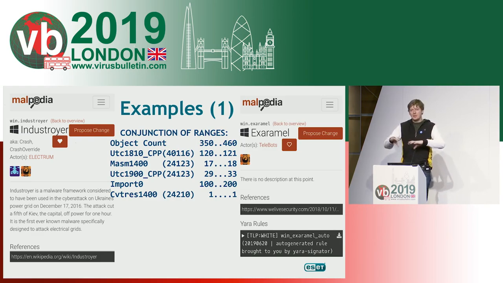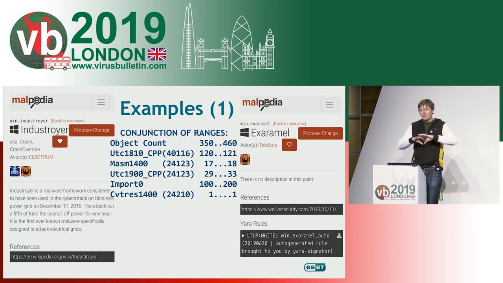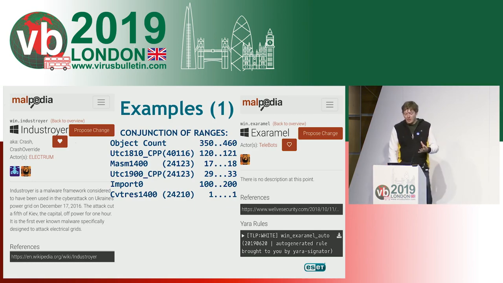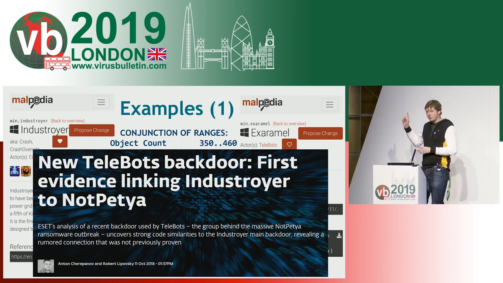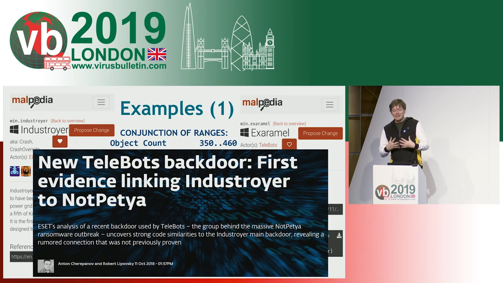I'm not saying there aren't other projects flagged by this conjunction of rules, but at least the conclusion is that the guys were using the same building environment, and the projects were roughly of the same size. And actually, these two families are linked in a paper published on Virus Bulletin.